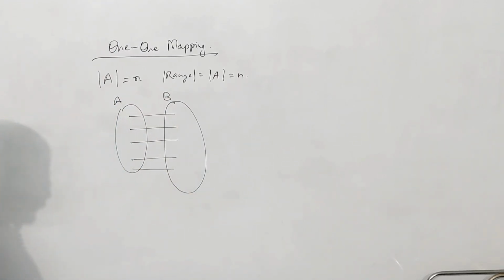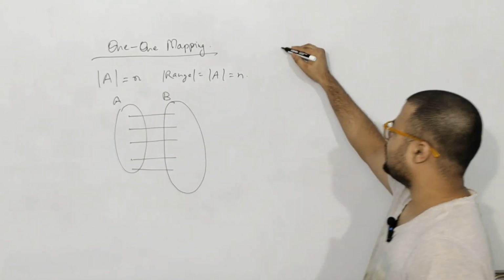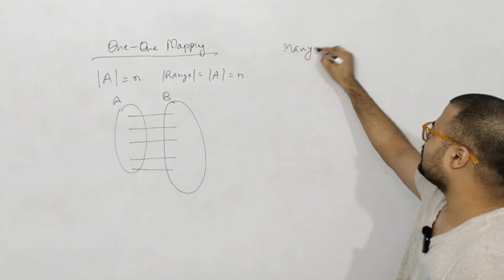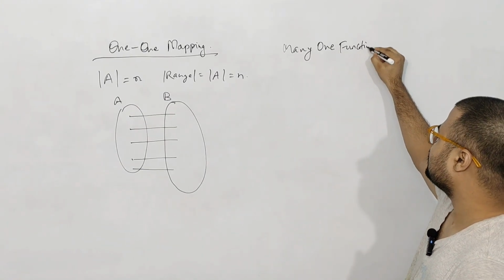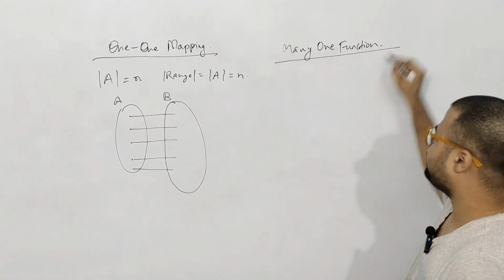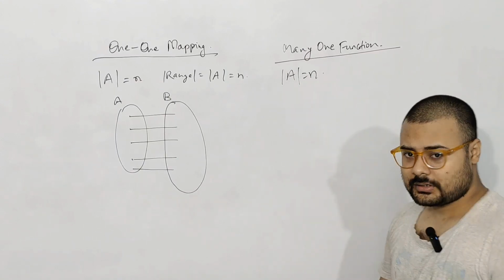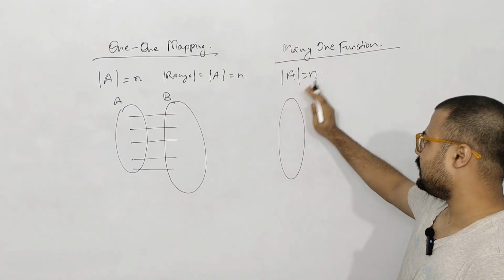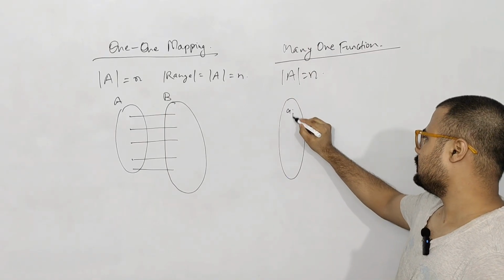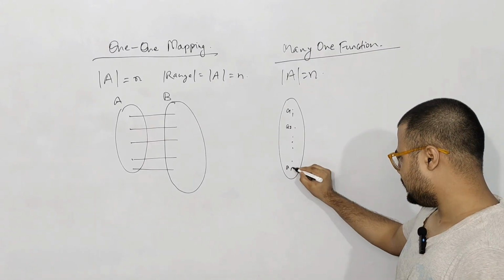And if it is a many-one function, if the number of elements in A is equal to n, then just looking at A1, A2, and so on, there are many elements.